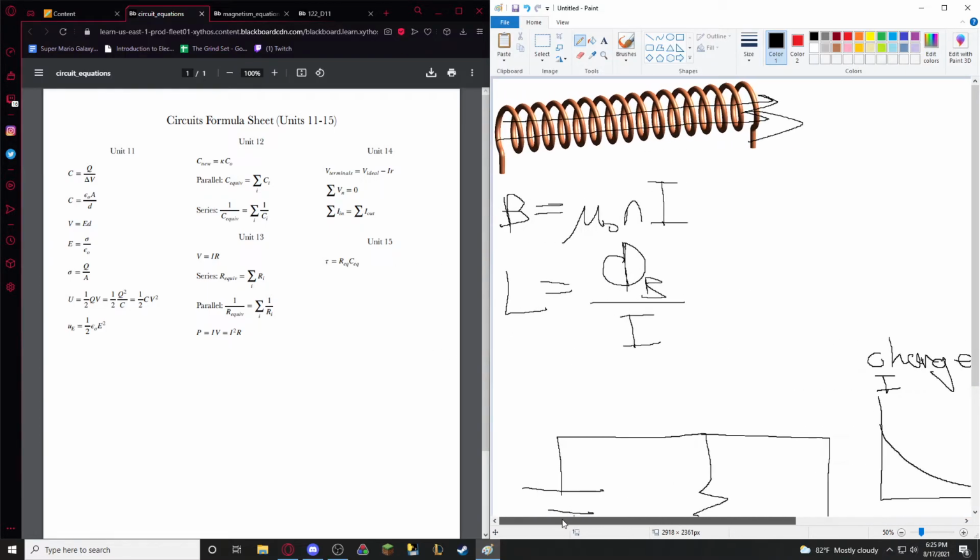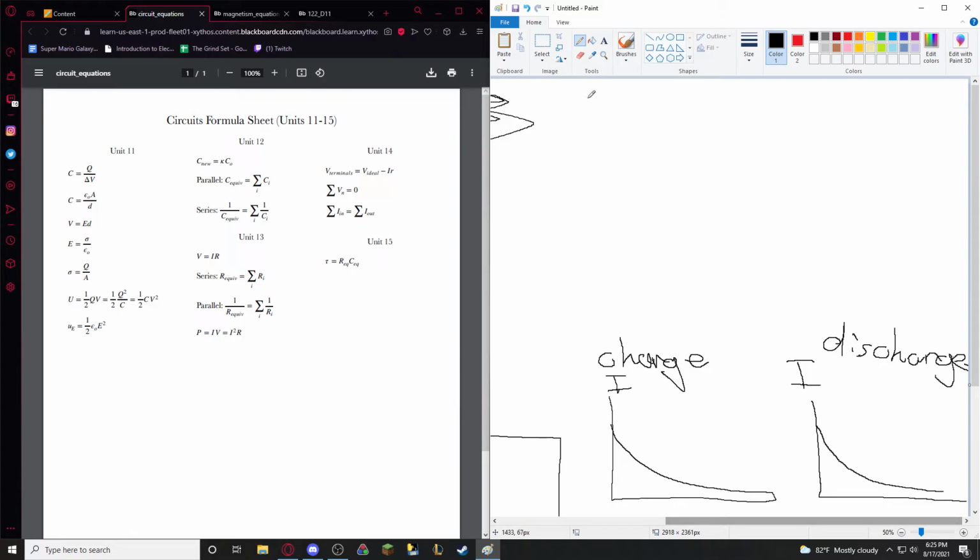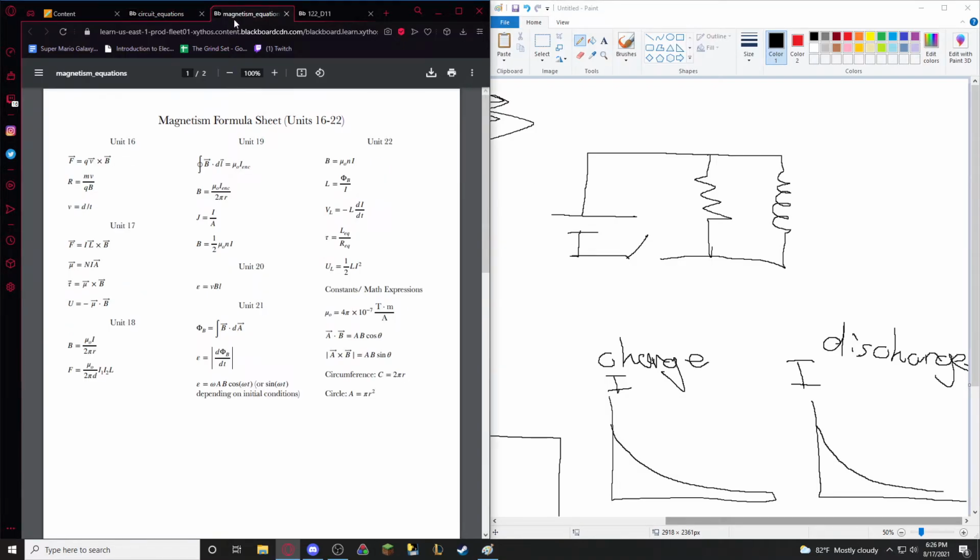An inductor is sort of similar. Let's draw the exact same circuit here. We'll have a resistor, an inductor, and the switch. The inductor acts somewhat similar to the capacitor, but slightly differently. Different as in opposite.